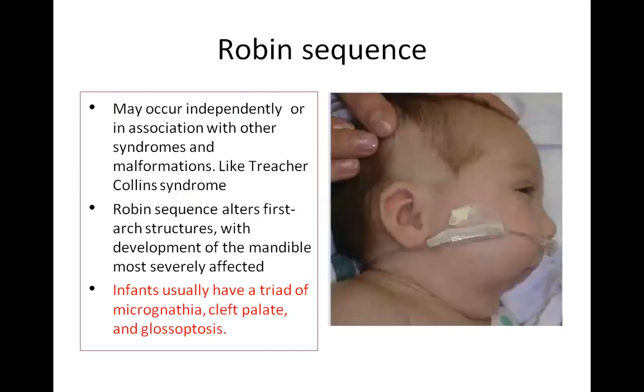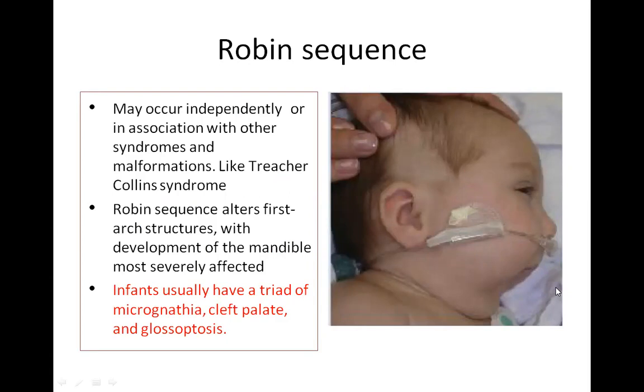Then there is the Robin sequence, which may occur independently or in association with syndromes like Treacher-Collins syndrome. There is a triad: micrognathia, that is a small mandible; then a cleft palate, the palate is not fused; and glossoptosis, because the mandible is small, the tongue is mainly protruded outside.